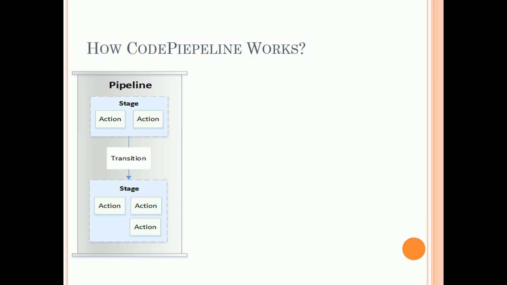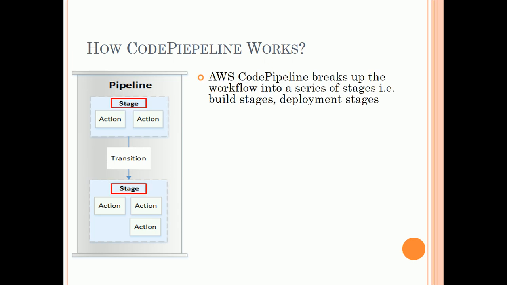Let's see how Code Pipeline works. AWS Code Pipeline breaks up the workflow into a series of stages, like build stages and deployment stages. The build stage is where code is built and tests are run, and the deployment stage is where code updates are deployed to the runtime environments.